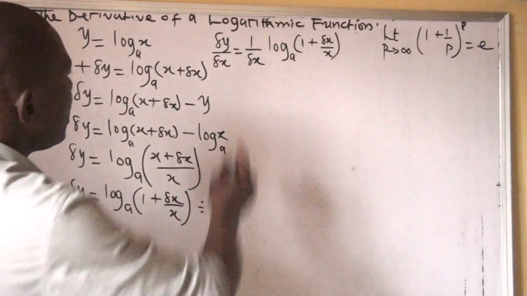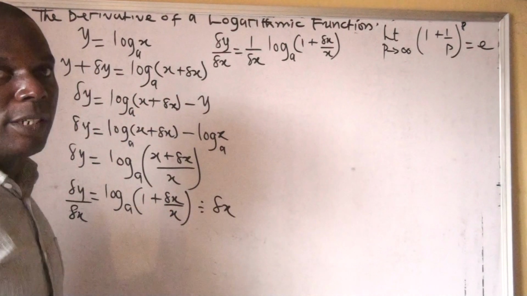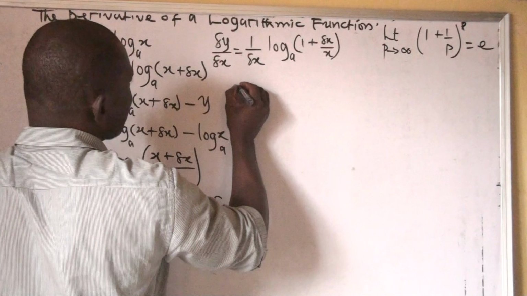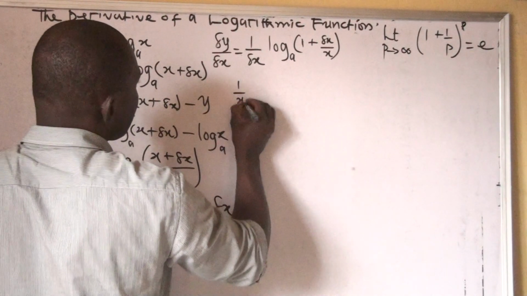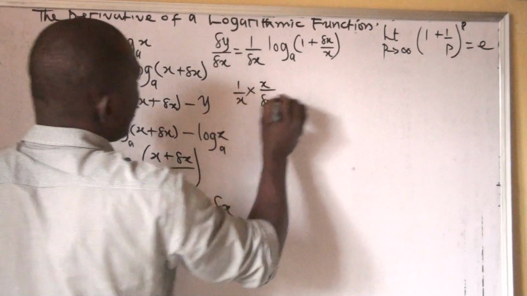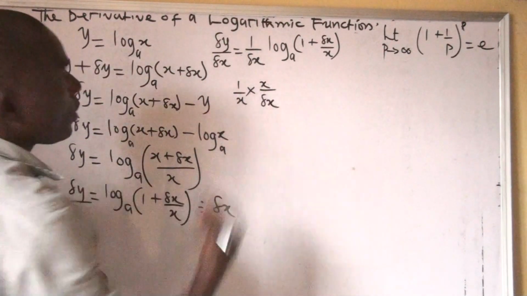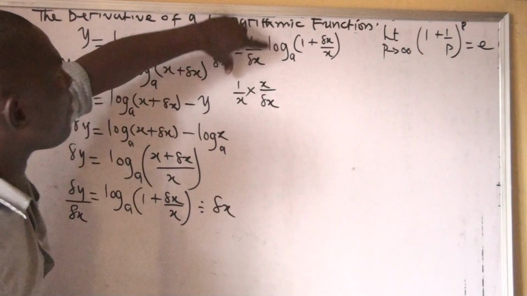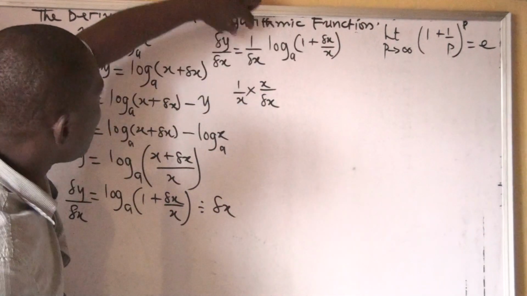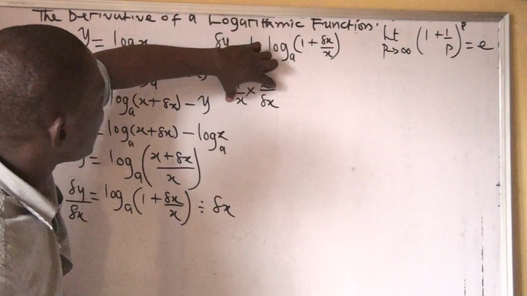This expression, 1 over delta x, we can also write as 1 over x times x over delta x. The x cancels x, and we still have the same result, so we replace 1 over delta x with this expression.